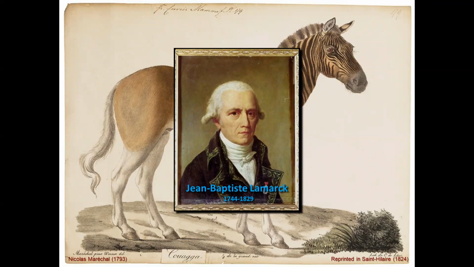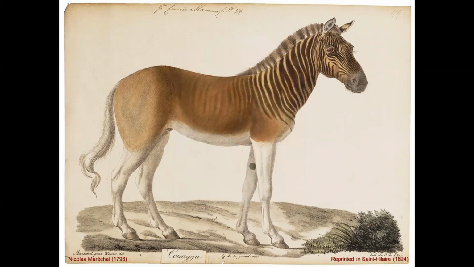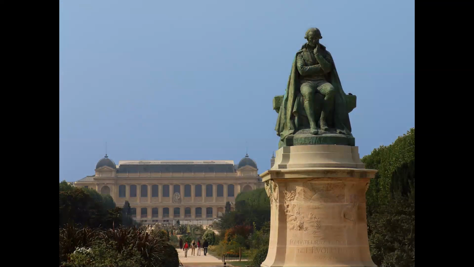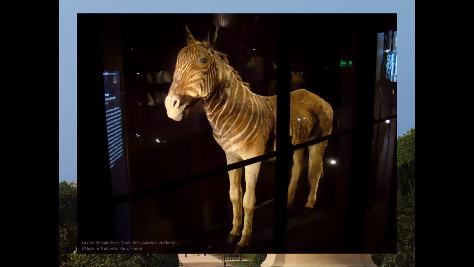And you can go there today. And the quaggas made it there and survived there and lived out their lives there. So if you go to the Jardin today, this is what it looks like. There's your statue of Lamarck sitting there prominently displayed. And in the background of this picture is the Natural History Museum in Paris. And if you go to that and pay a few euros and go inside, you can see that same quagga.